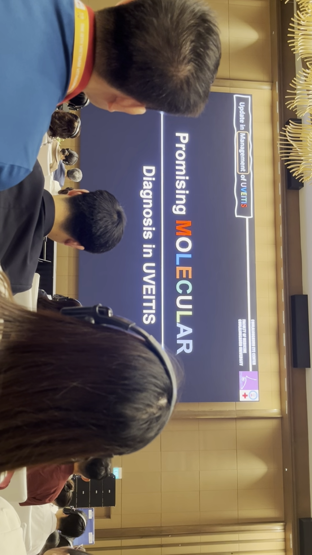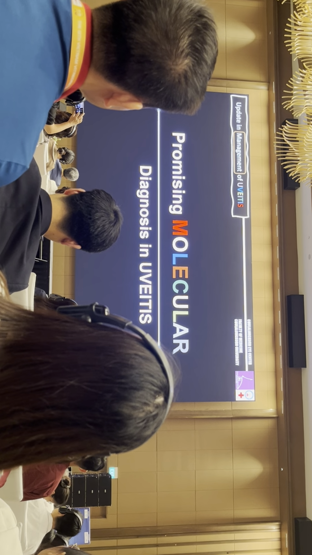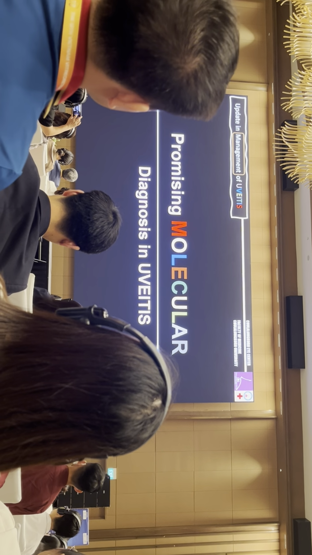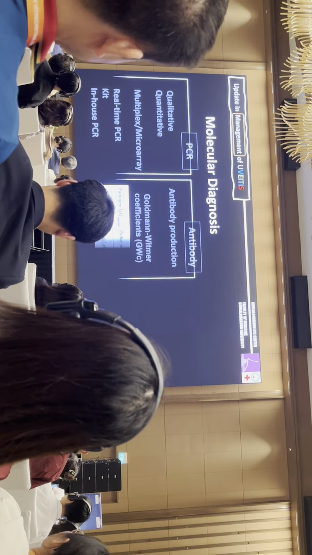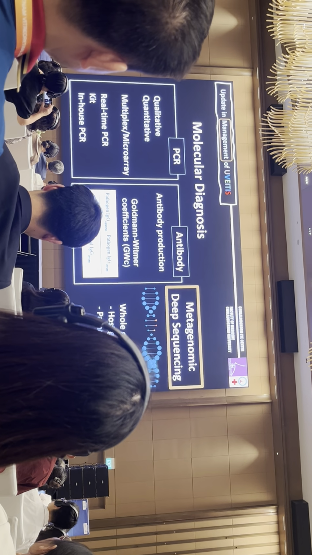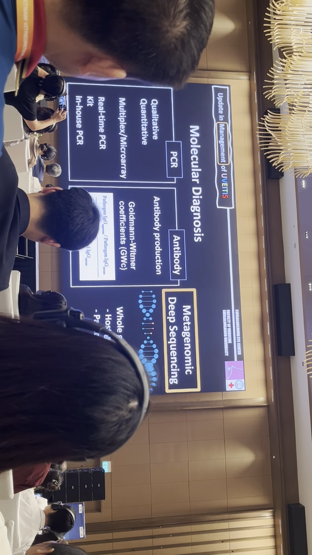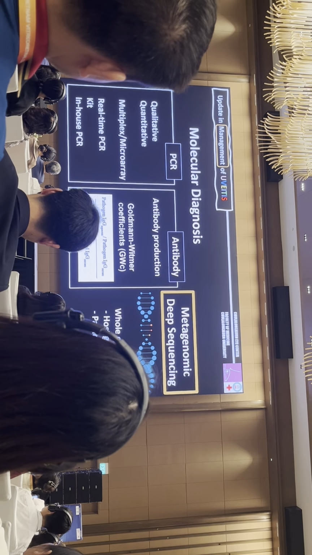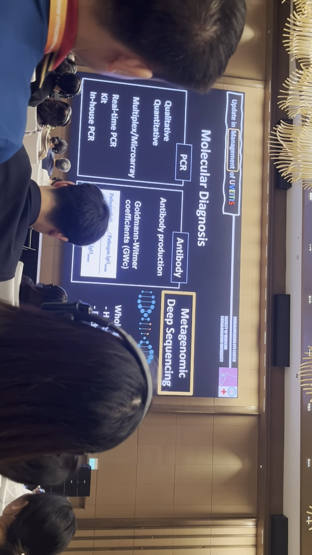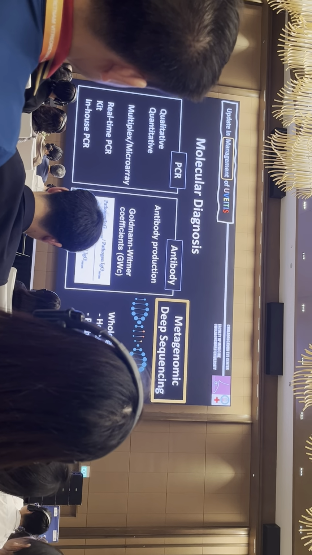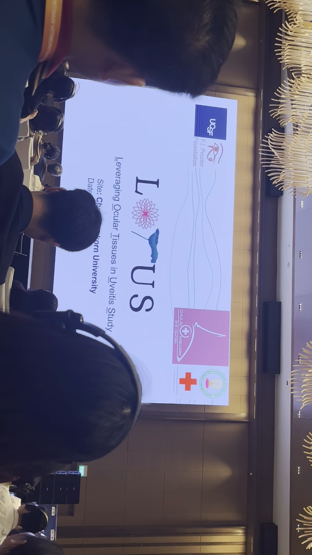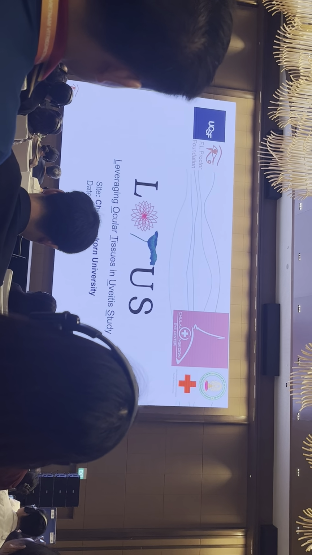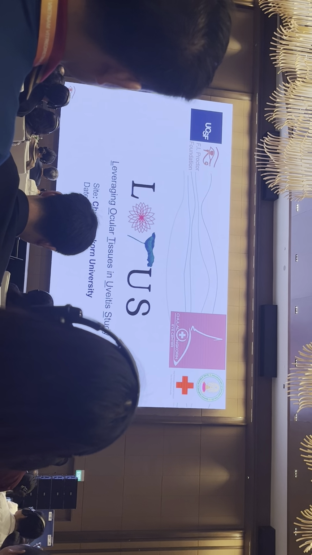Let's go to another promising diagnostic in uveitis. We all know culture, and we're familiar with PCR, but what we have now is called metagenomic deep sequencing, which uses the whole genome, and we differentiate the host genome from the pathogen genome. We do the study with our colleagues in the US, at the Proctor Foundation in San Francisco.